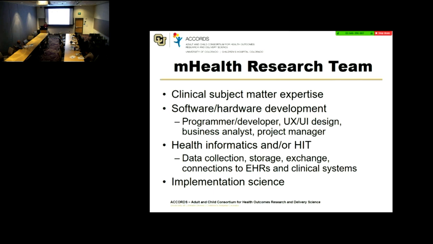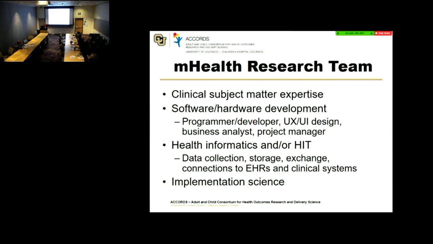You're going to need somebody who's focused on health informatics, or the technology itself, looking at data collection, data exchange, how the mobile product might connect to different systems if that's desired. And I highly, highly recommend that for anything that's going to be implemented in a healthcare setting, you have an implementation science expert on your team.